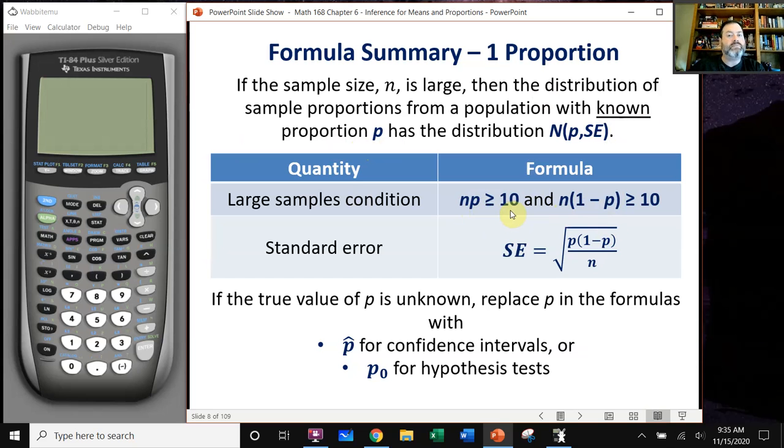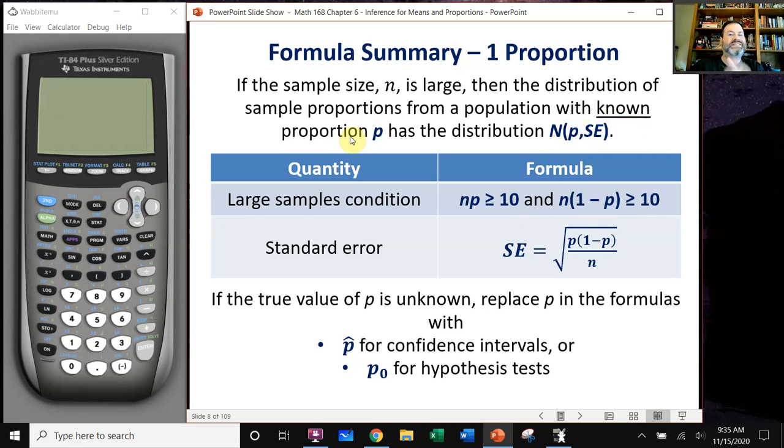And if you get a number bigger than 10, great. Or if you get 10, great. That's a large sample. Also, we need to do n times 1 minus p, that also has to be 10 or larger. So we just have to check those two numbers. If the sample is large, so if it satisfies both of these conditions, then this is true. We already know p, right?